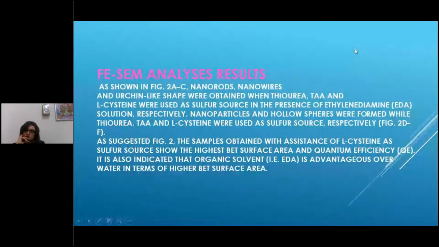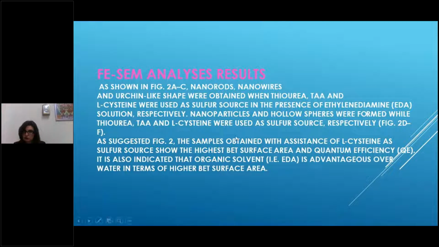FESEM analysis results showed that nanorods, nanowires, and urchin-like shapes were obtained when thiourea, tetraethylenepentamine, and cysteine were used as sulfur sources in the presence of ethylenediamine solution. Nanoparticles and hollow spheres were formed when thiourea, tetraethylenepentamine, and cysteine were used as sulfur sources in water.